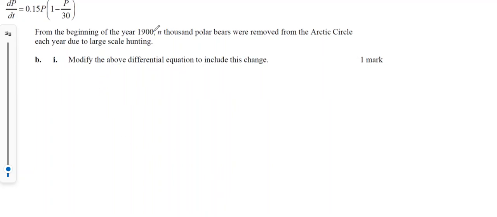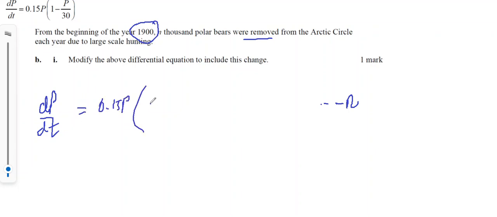From the beginning of the year 1900, n thousands of bears were removed from the Arctic Circle each year due to large-scale hunting. So whatever the population was at the end of the year, we minused n from it, which means that the rate at which it's changing, dp/dt, is still going to equal 0.15p(1 - p/30).